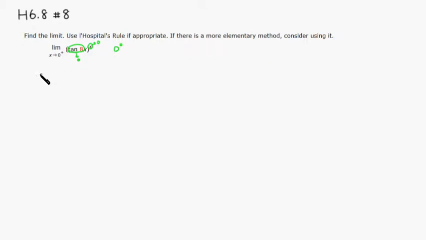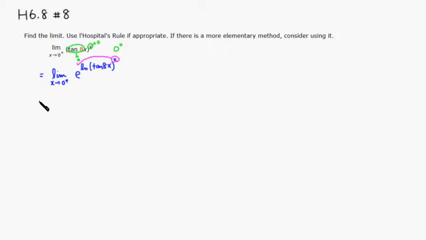In order to use L'Hopital's rule, we have to do a little bit of rewriting. As x approaches 0 from the positive side, we can write it as e to the natural log of tangent of 8x raised to the x. Using the property of a log, we can put the x in front of the natural log, but instead of multiplying by x, I'm going to write it as divided by 1 over x.